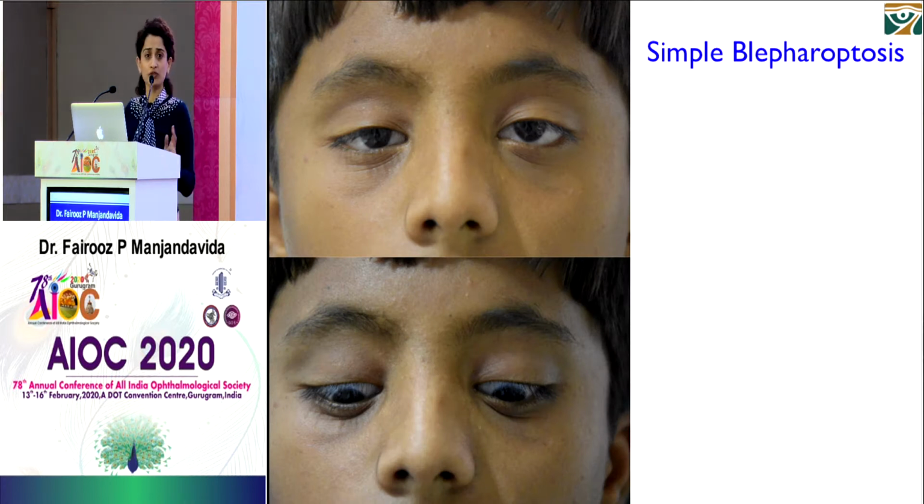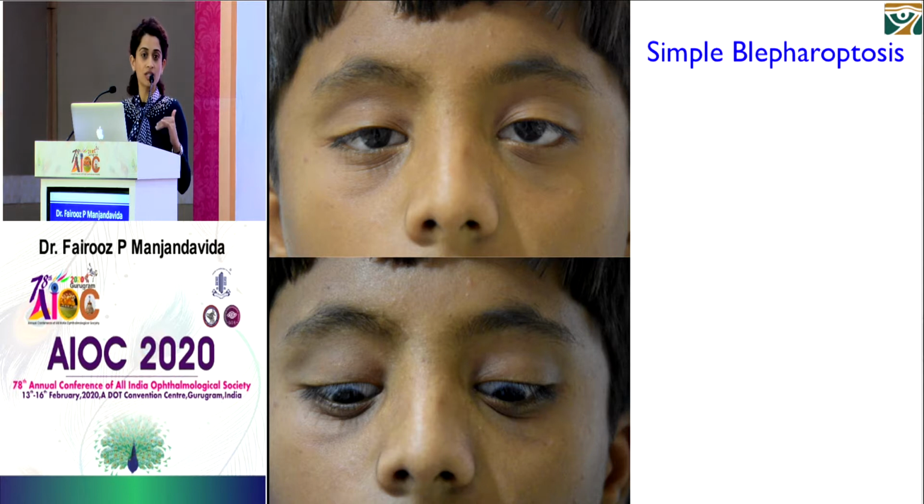So in simple blepharoptosis, the patient has a droopy eyelid, and this is what a simple blepharoptosis is in a child. What is a very classical feature in a simple blepharoptosis that you see in the second picture here? What do you see here? What do you call this? Down gaze, lid lag, right?